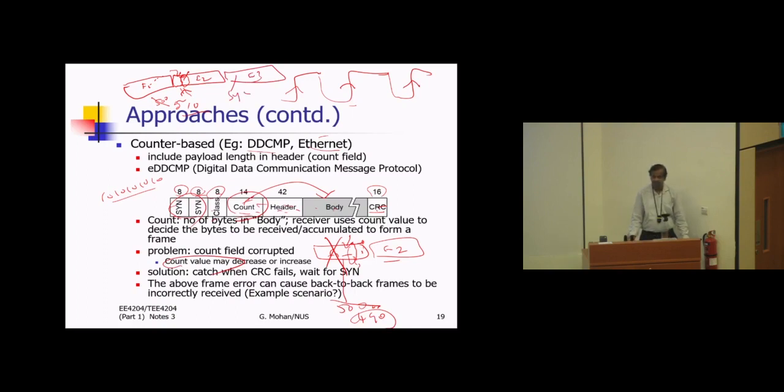As a result, this adapter has dropped 2 frames, frame 1 and frame 2. In fact, it does not even know that it has received 2 frames. F1 was a bad frame, but F2 was a good frame, and still the good frame was also dropped, because it does not know that it already has part of the second frame. Why? Because the count value has increased. Is that fine?